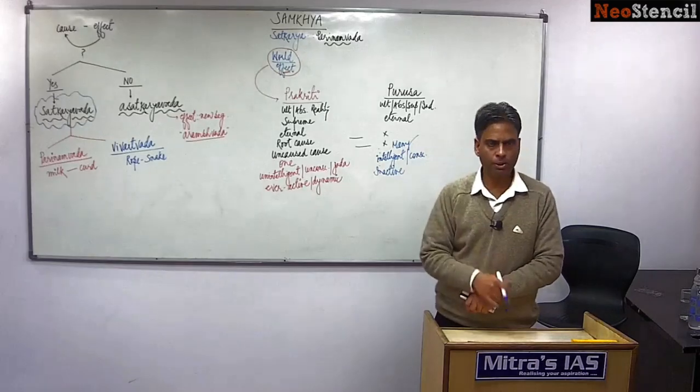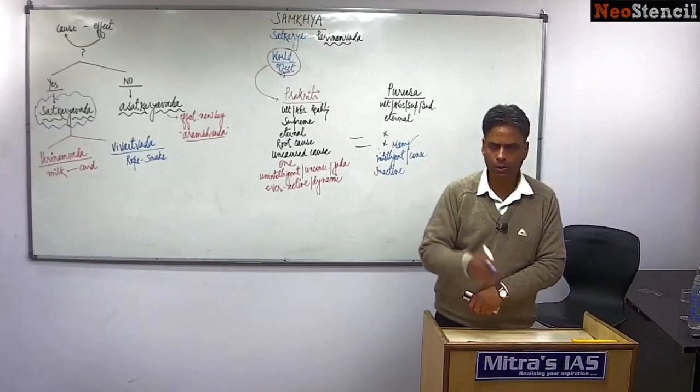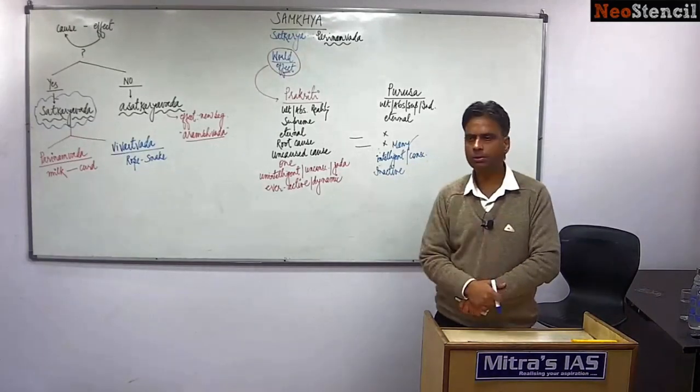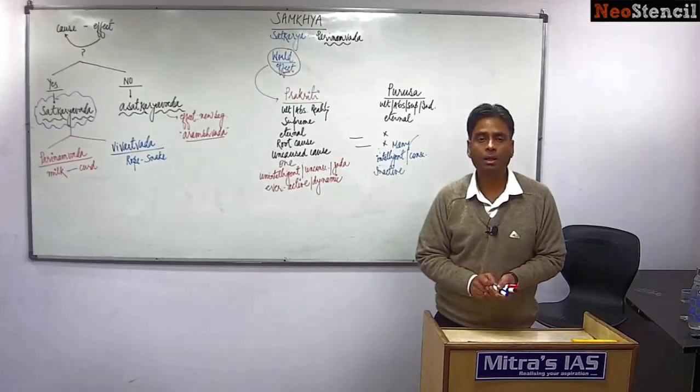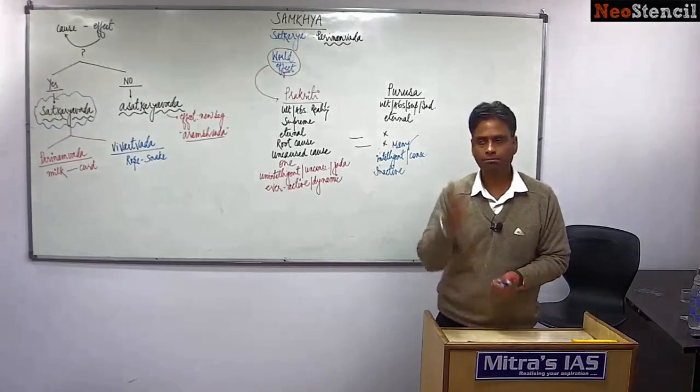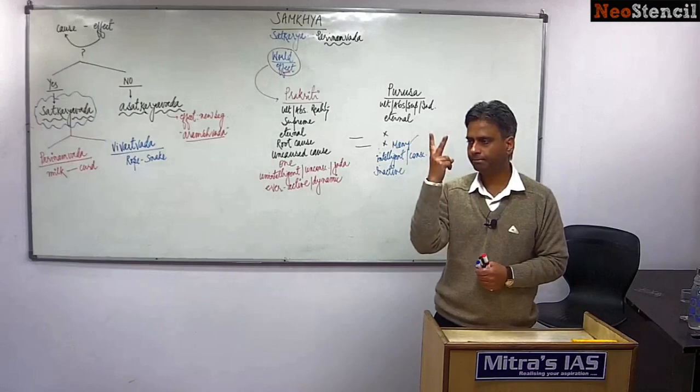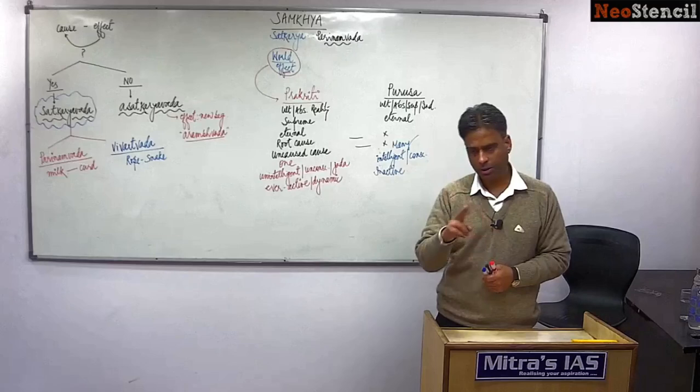Bondage, Prakriti Purush. Liberation, Prakriti Purush. I am very happy, Prakriti Purush. I am very sad, Prakriti Purush. I am sleeping, Prakriti Purush. Because ultimately, in their system, there lie only how many realities? That is Prakriti and Purush.